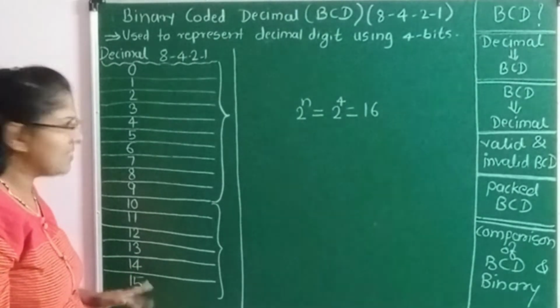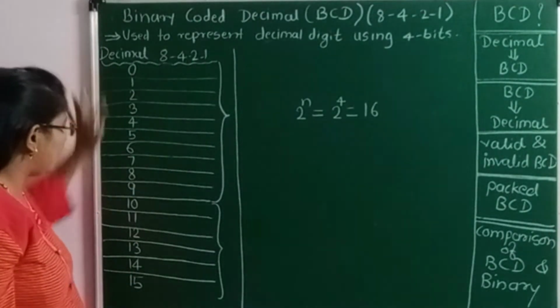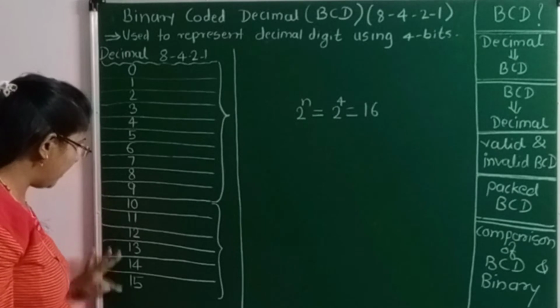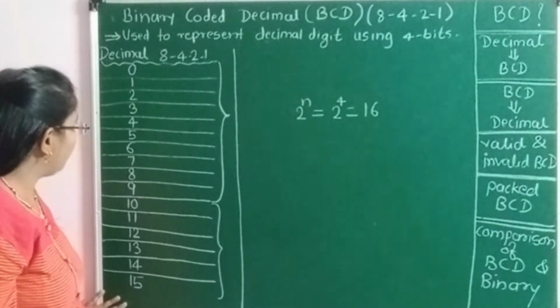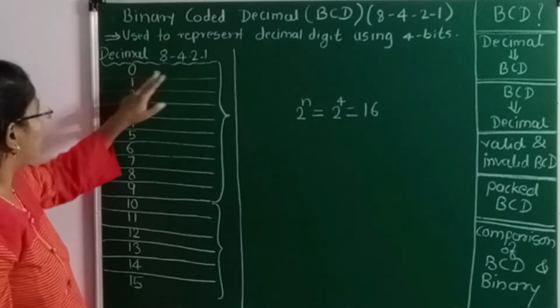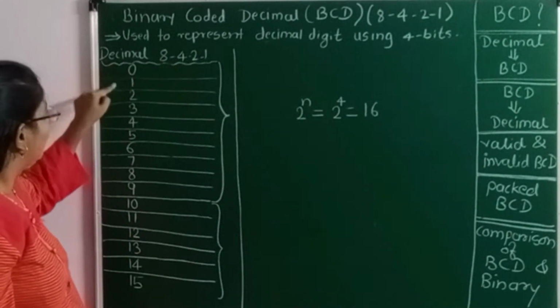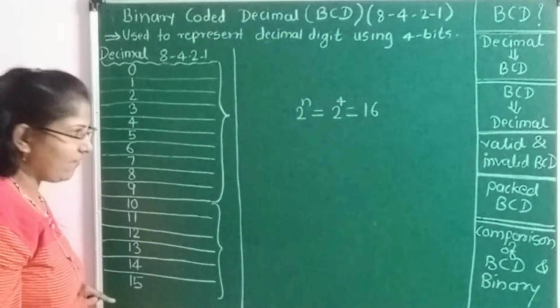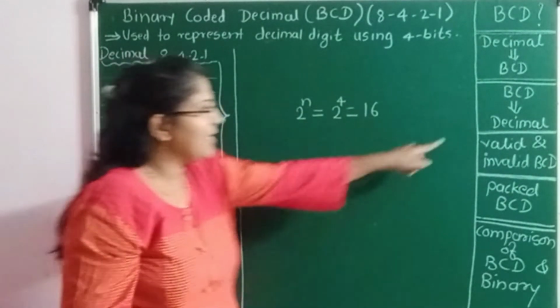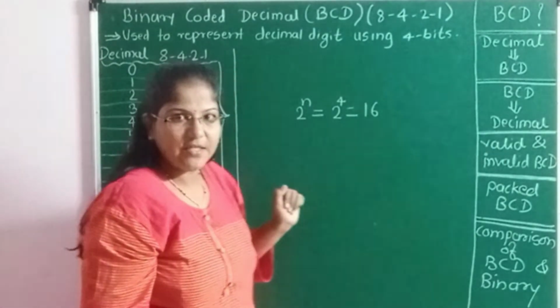So simply we can say 0 to 9, these are the decimal digits, and here 10 to 15, these are the decimal numbers. Okay, now first I will write the 4-bit number for each decimal digit and for these decimal numbers also, and after that I will tell you what are the valid and invalid BCDs.